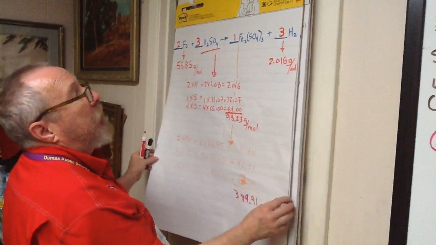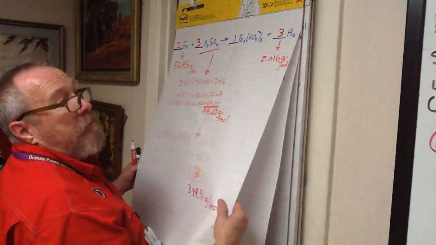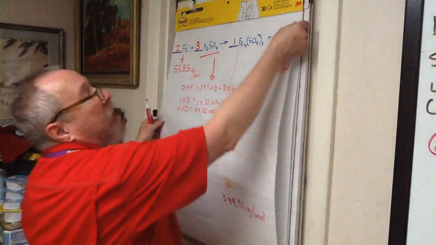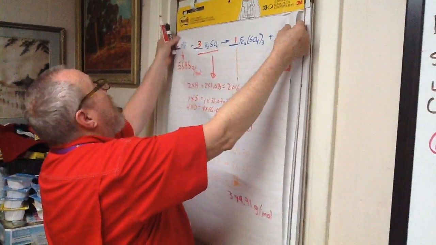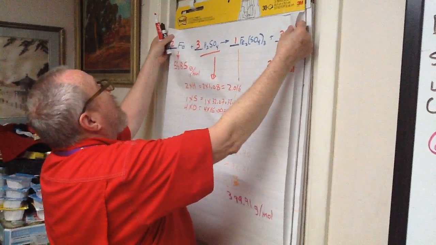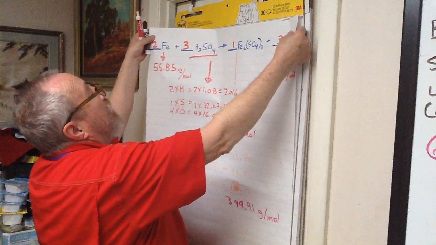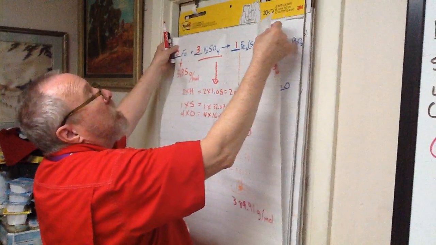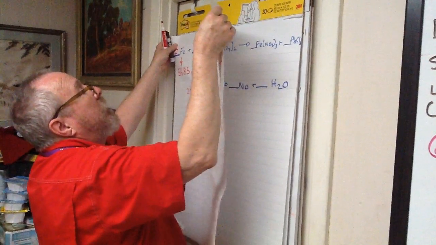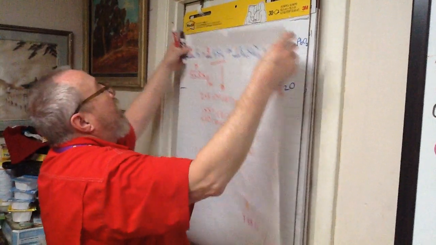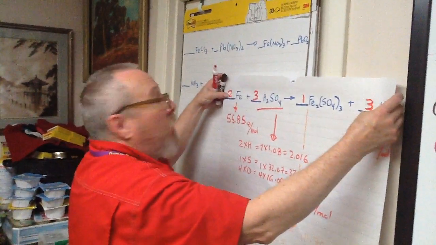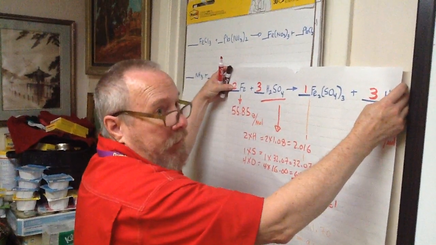Let me show you a couple of other examples. And we'll come back to this particular reaction in the next video when I want to talk about how we use our stoichiometry when I say, okay, I don't have 2 moles of iron. What happens if I only have 1 mole of iron?